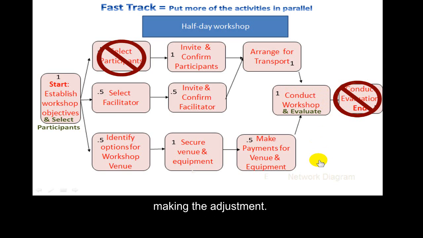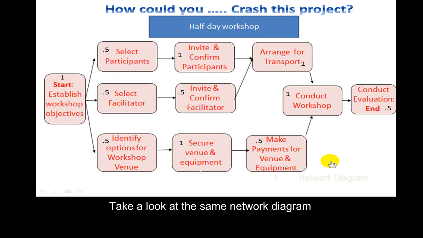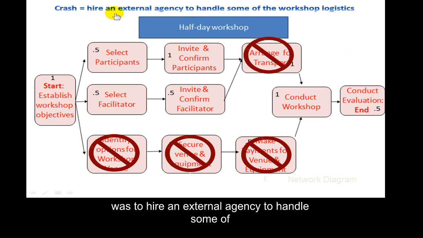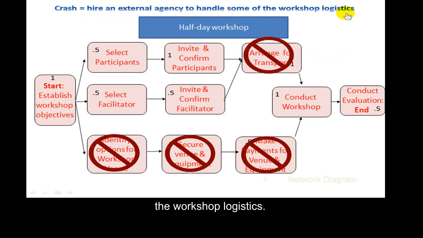by making that adjustment. Take a look at the same network diagram and come up with a way that you could crash this project. There are a number of things that could be done, but the solution that I came up with to crash was to hire an external agency to handle some of the workshop logistics.